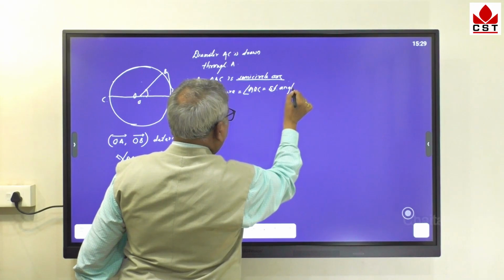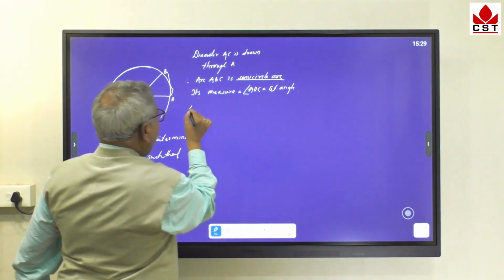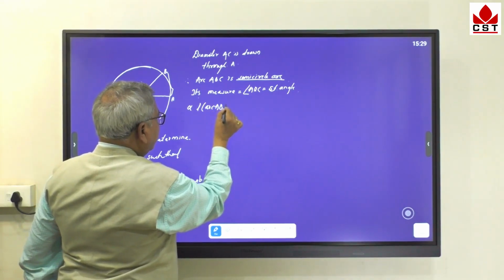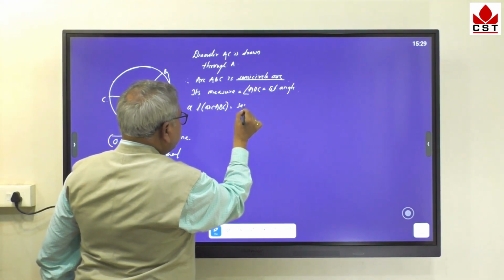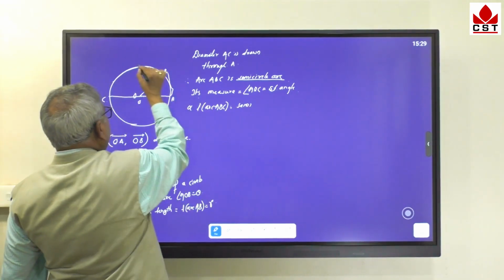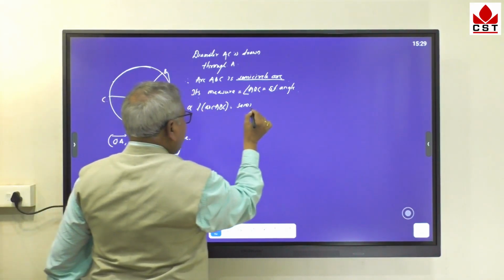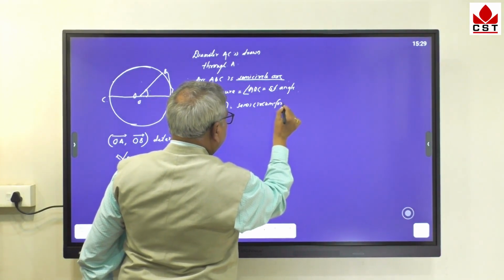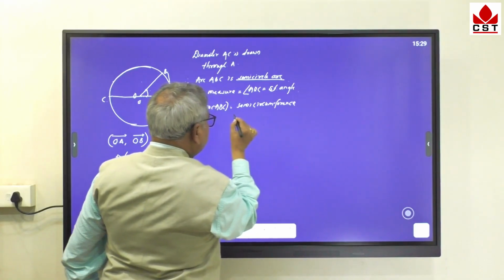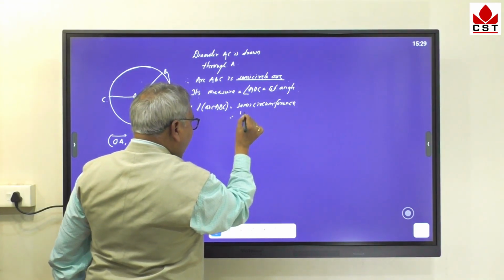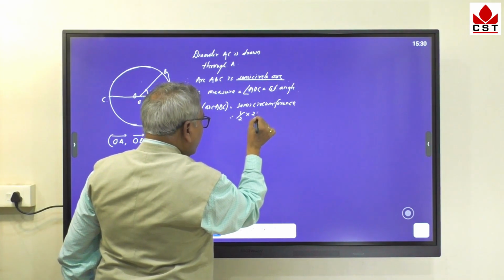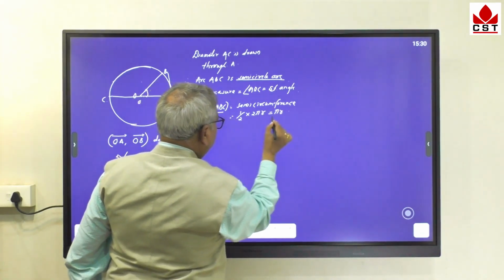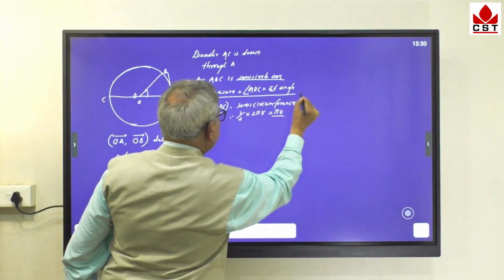It's a constant angle, the straight angle measure, and the length of arc ABC is equal to the semicircumference, which is half into 2 pi r, equal to pi r. That is the length of the arc, and its measure is the straight angle.